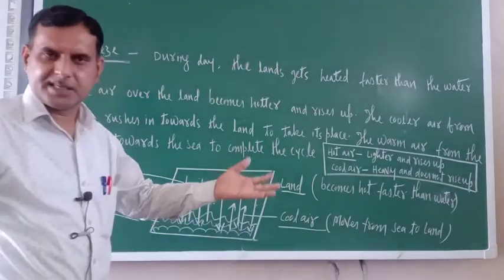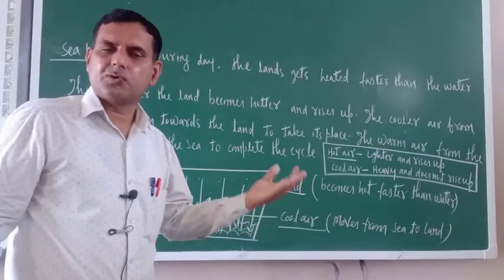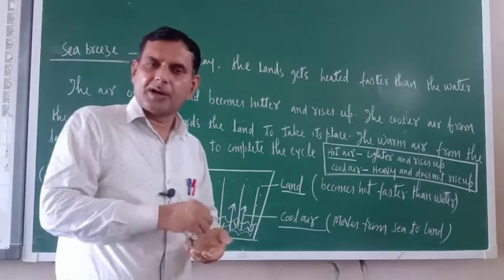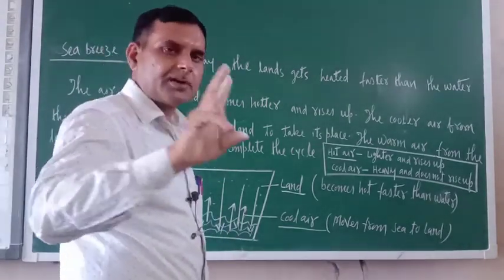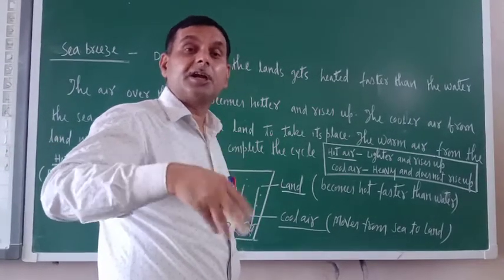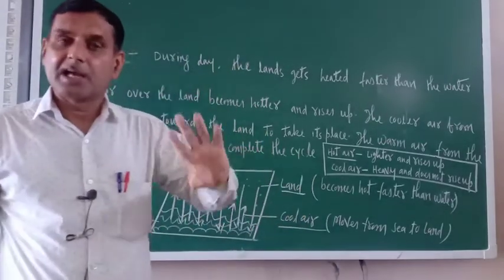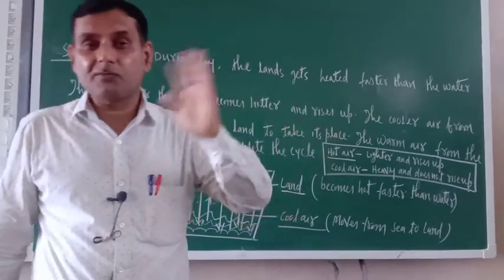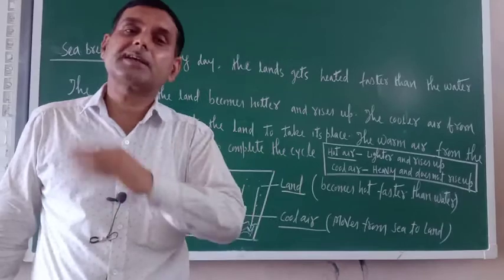So now just see, sun rays are directly falling on the land, meaning the coastal area, and on the sea water also. Now try to understand, this is a very important thing. As compared to sea water, land gets heated up faster. Always remember, land gets heated up faster than water. Similarly, land also cools faster as compared to water.